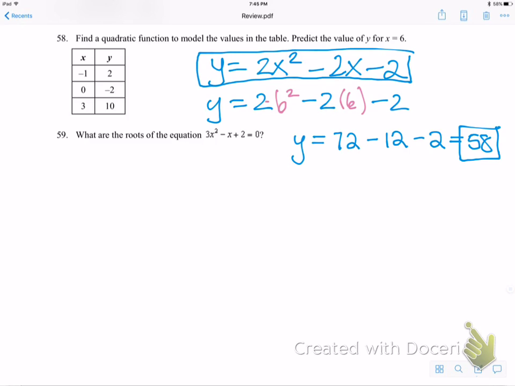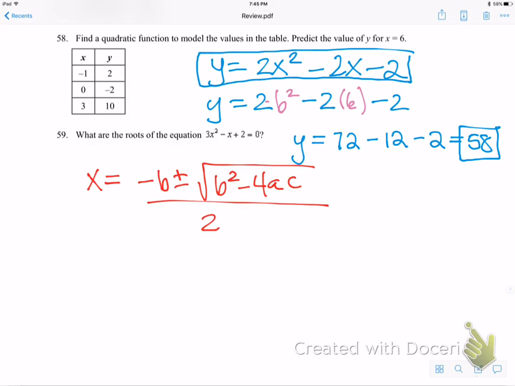The only ways we can solve quadratics that always get solutions are completing the square or using the quadratic formula, which is x equals negative b plus or minus the square root of b squared minus 4ac, all over 2a. In this problem, our b value is negative 1.